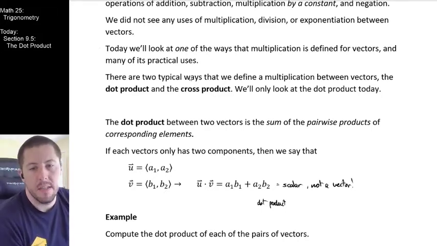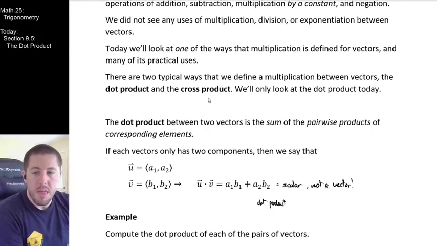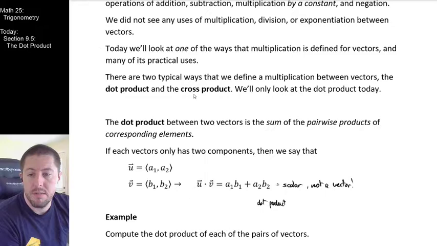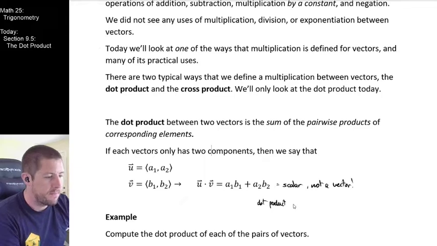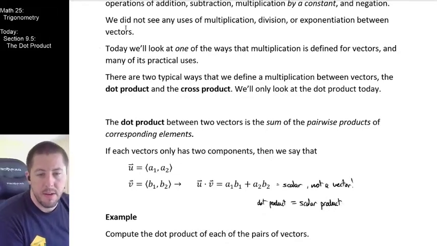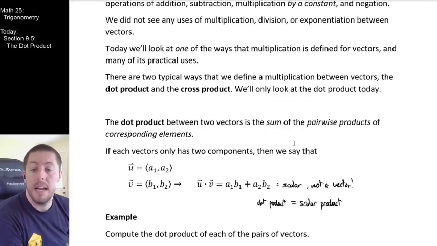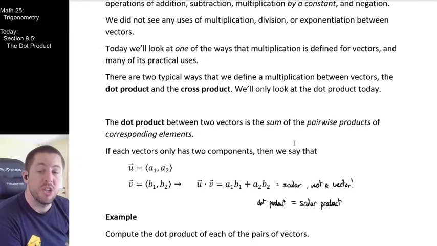We could contrast this with the cross product. The cross product does in fact form a vector on the other end, so it is sometimes referred to as the vector product between two vectors. So you might see the name scalar product floating around out there somewhere. That's just another name for the dot product, because the dot product results in a scalar, not a vector, on the other end. Remember, it's just a number.